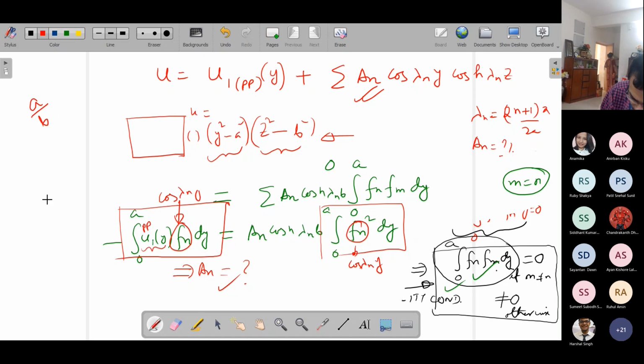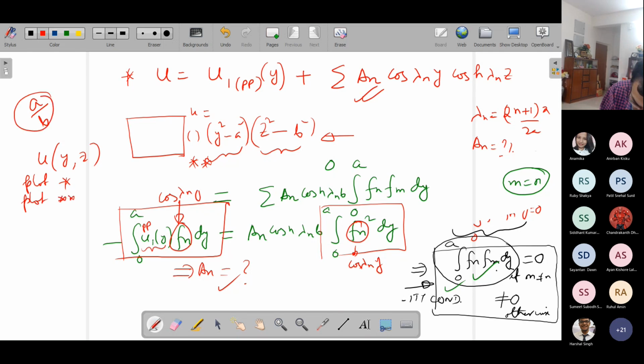So you plot U as a function of both Y and Z. You make a surface plot of this equation, plot star, and also plot the equation which is double star, for different ratios of A by B.